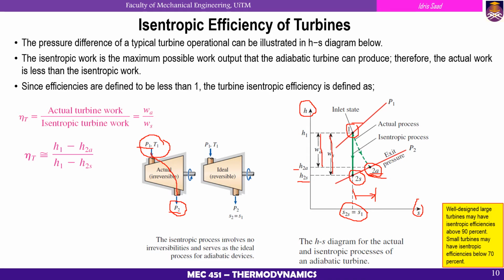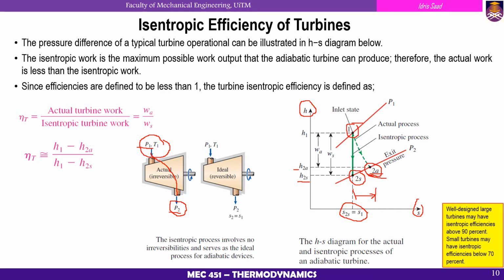Based on this, you can see the actual work is lower than the isentropic work. By definition, the isentropic work is the maximum possible work output that the adiabatic turbine can produce. Therefore, the actual work is less than the isentropic work.